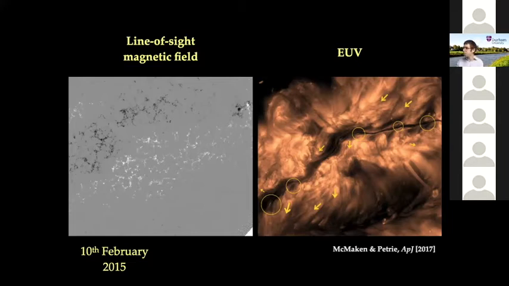And you see that those fibrils are not only in the filament itself, but in what we call the filament channel around it. So it's this filament channel that's somehow the more fundamental structure. What it's telling you is that the magnetic field is going essentially along the channel, so along the inversion line, as opposed to being transverse to it. And it's in these locations that you see filaments.